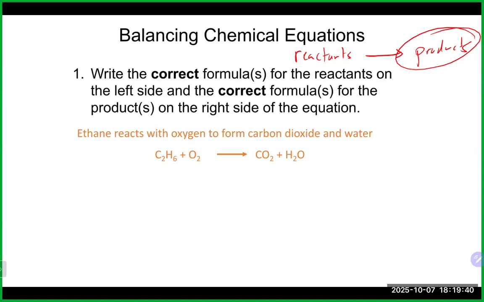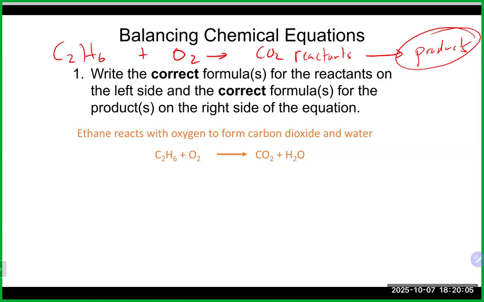Forget about the balancing part of it. Make sure that you have all of the right formulas down and then go back and balance. When we balance an equation, we only change the coefficients, so only the numbers that come in front. We never change any of the subscripts or the numbers that are on the bottom. Otherwise, we will be in trouble.